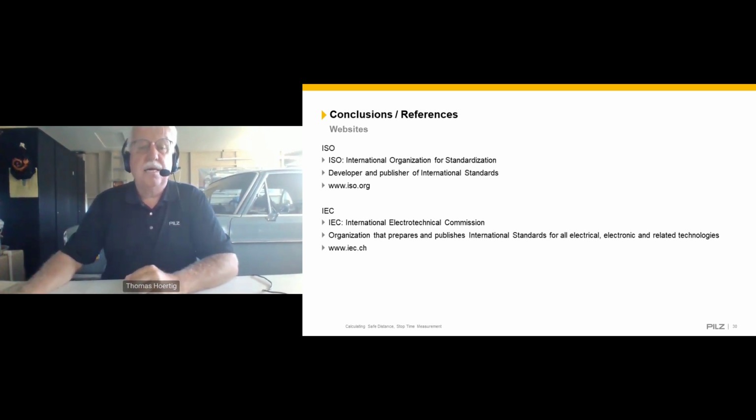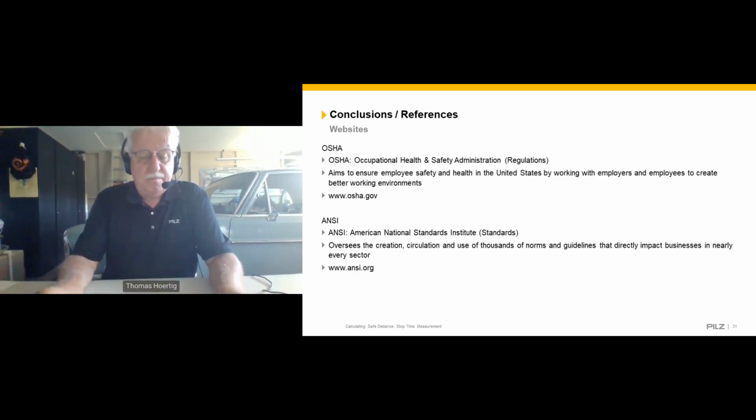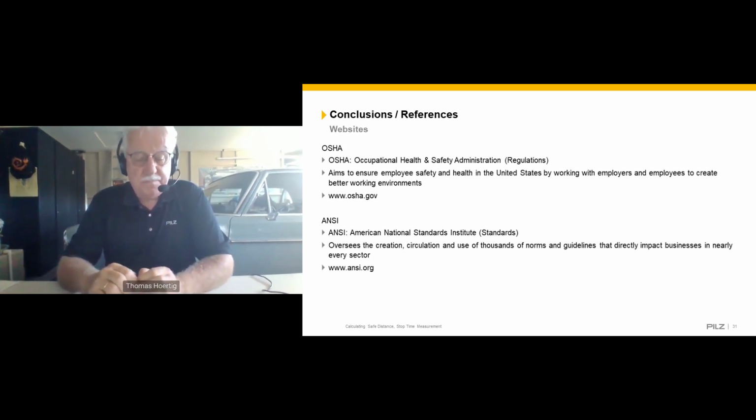And we also have a reference to some websites in OSHA, so Occupational Health and Safety Administration, those OSHA regulations, 29 CFR, Code of Federal Regulations, or your specific state OSHA program. Of course, OSHA aims to ensure employee safety and health in the United States by working with employers and employees to create better work environments.